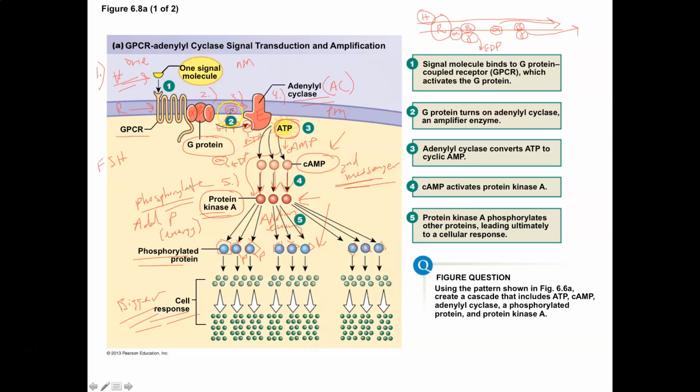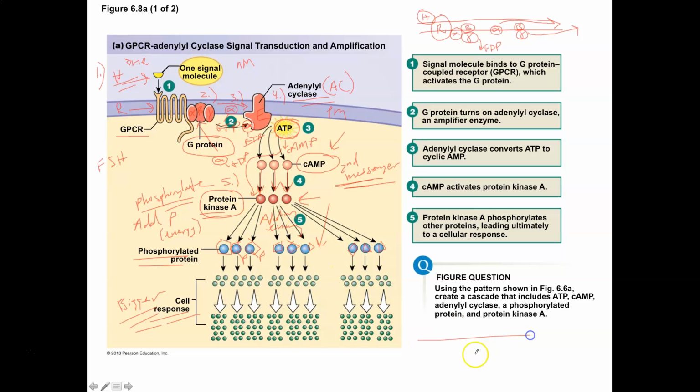Again, imagine this would be within the plasma membrane, not down here in the cytoplasm. So this is taking place in the plasma membrane. And then this subunit can move back through the membrane, combine back with the beta gamma, and reattach to the receptor, and then this process could go again.